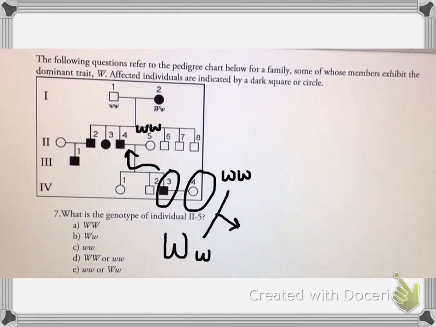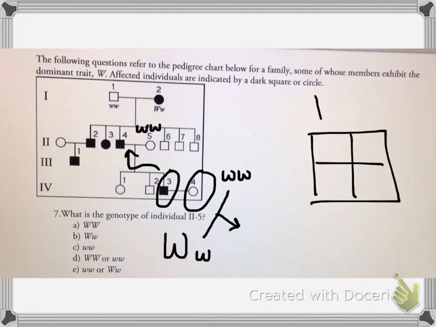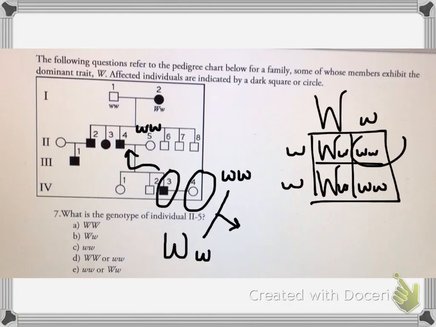To figure this out, you draw a Punnett square, and fill out the Punnett square as normal. And you see that the chance of being affected is 2 out of 4, or 1/2.